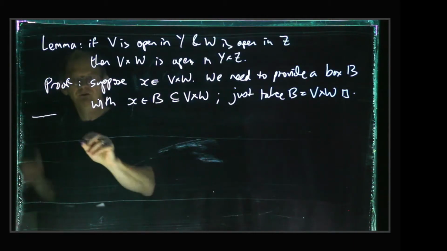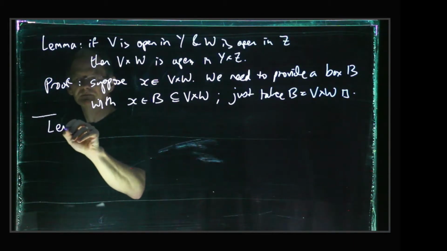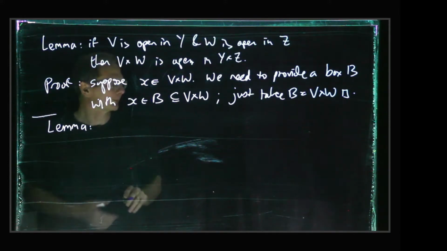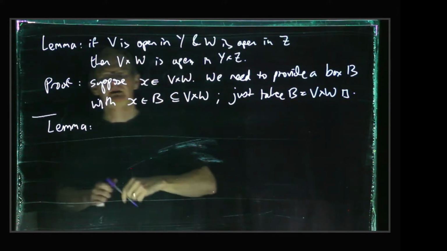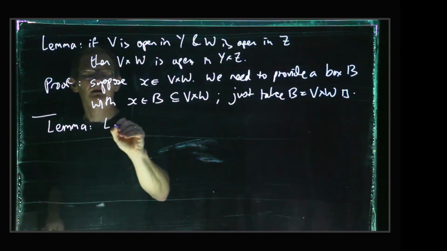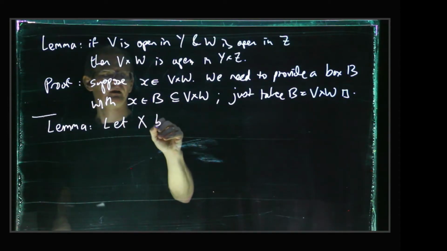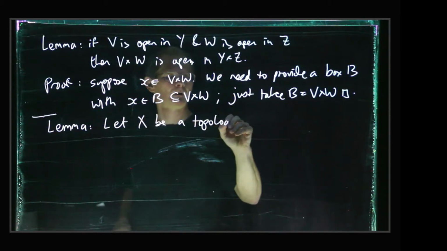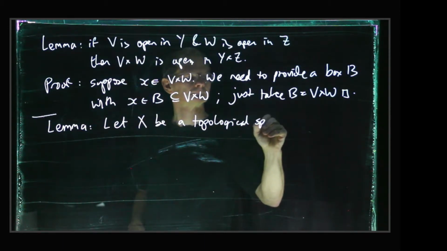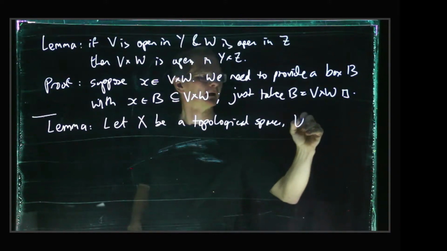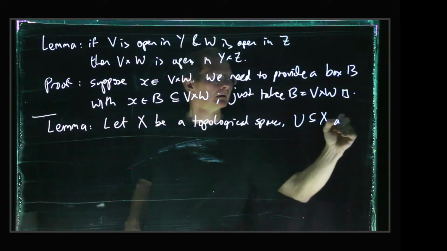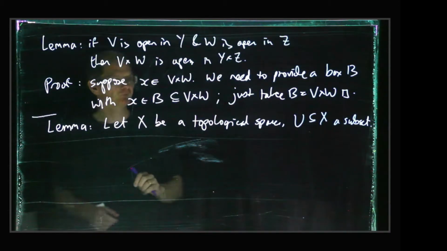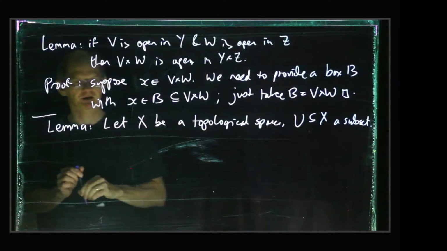The second lemma has nothing specifically to do with the product topology, but is just a basic thing about how topological spaces work. So now here let X be a topological space, and U is just some subset of X, and we want to prove that U is open.